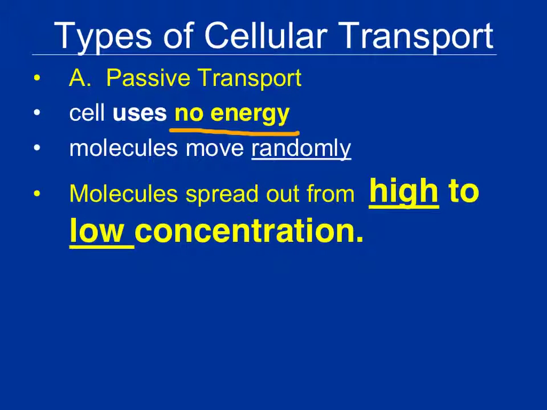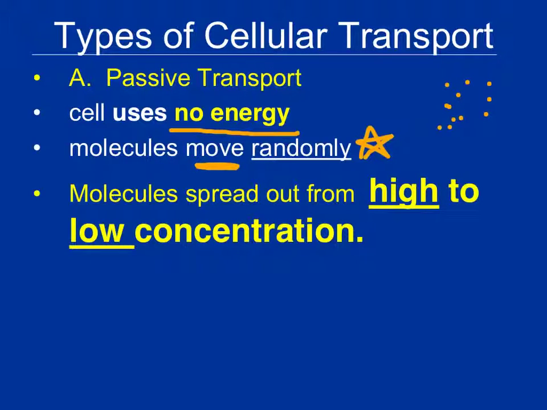So again, passive transport is where the cell uses no energy. And this is able to happen because molecules in any substance are in constant motion, and they move randomly. And even though you can't see them, when they're moving, they're actually running into each other.